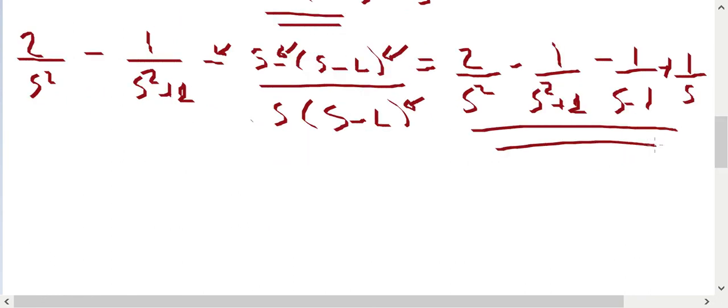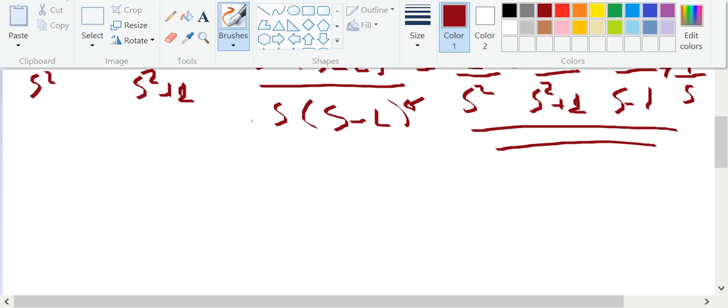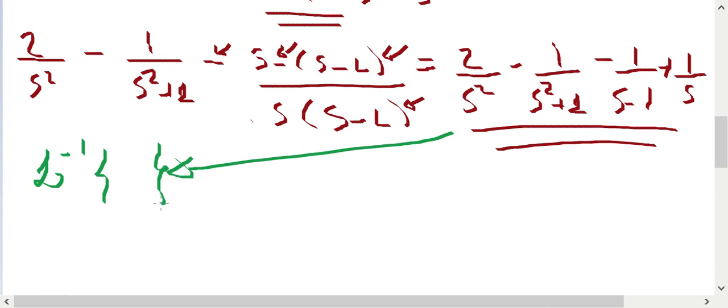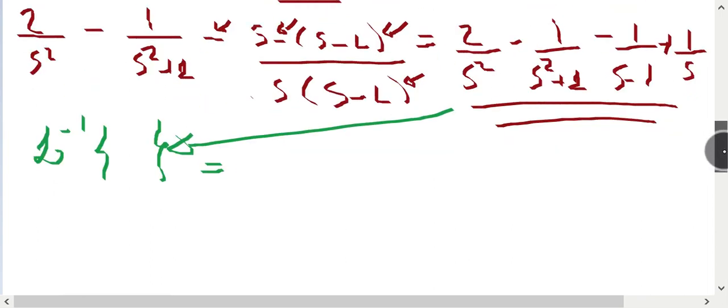Now we found the final equation. We are going to come back to the time domain, so we are going to apply the inverse Laplace transform. So we have that L minus 1 of this term is equal to the inverse Laplace transform of each term separately.